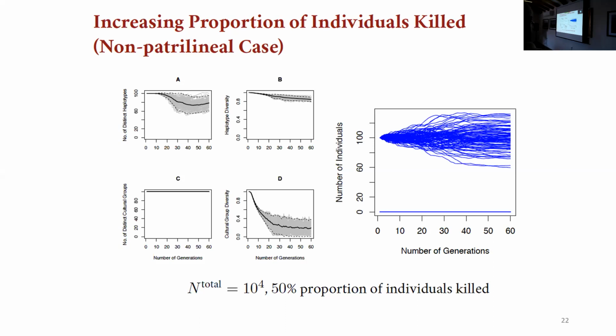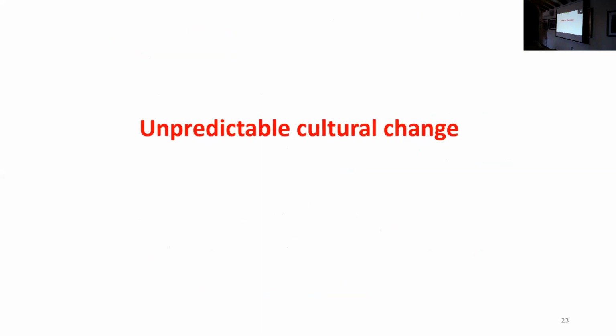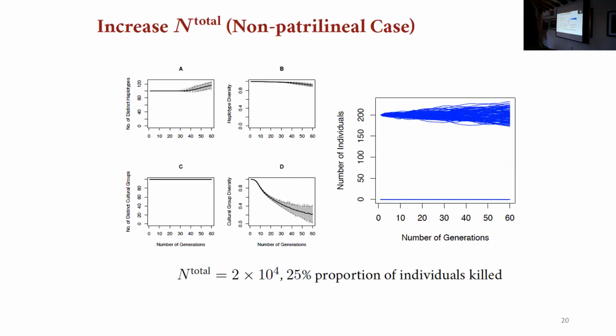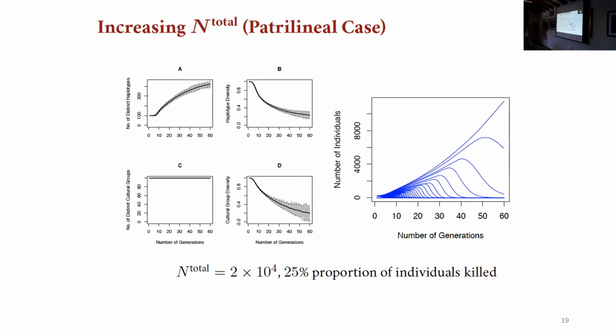It doesn't matter whether we double the population size, or change the parameters of the model, you still get pictures like this. You still get the same pictures. It's really quite robust to those different parameterizations.